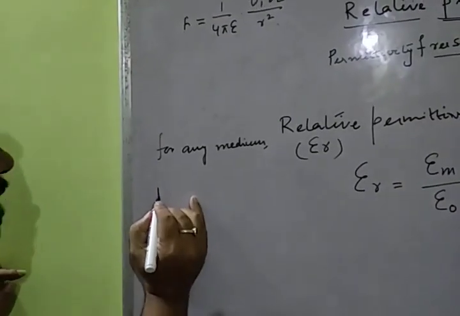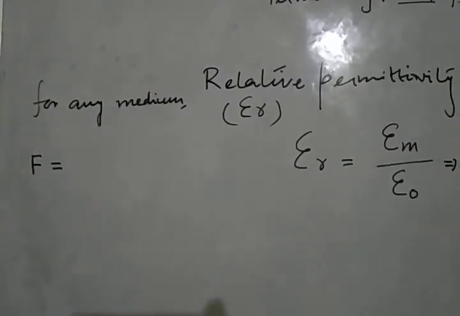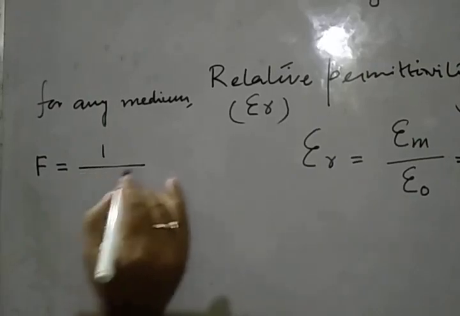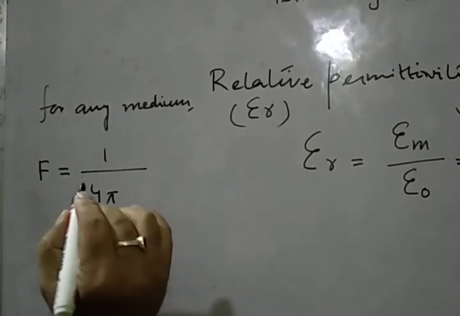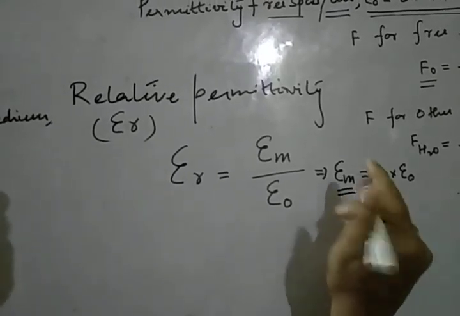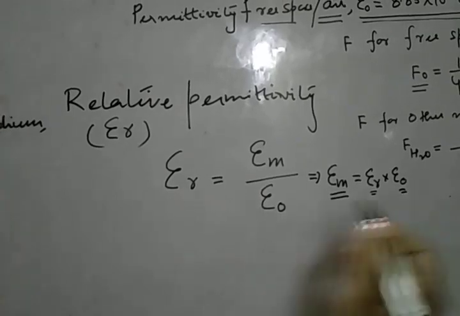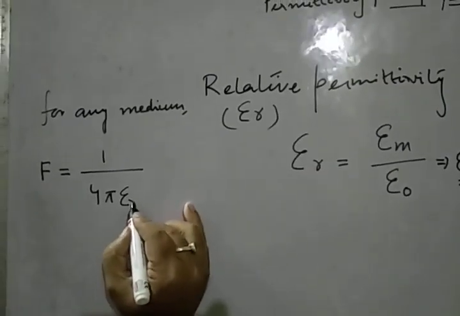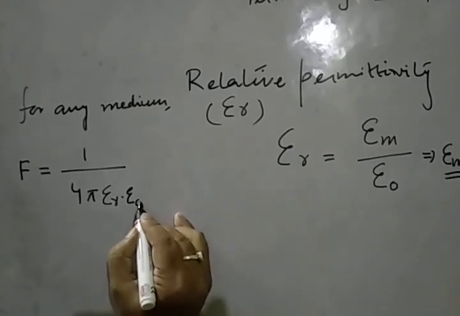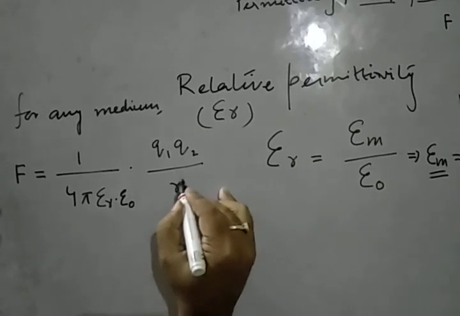Now for any medium, if I want to calculate the electrostatic force, how can we write it? We can write 1 by 4 pi, and instead of epsilon, the permittivity of the medium is this into this. So we can write relative permittivity into free space permittivity into Q1, Q2 divided by R square.